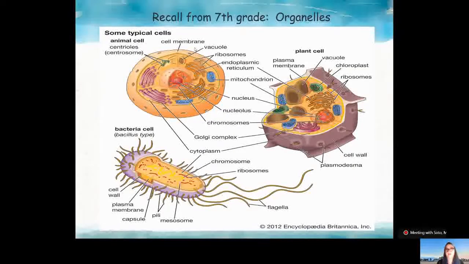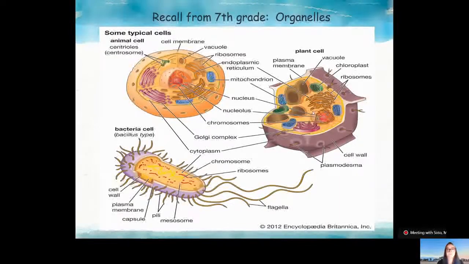We have our vacuoles, these little holes in the animal cell, and in the plant cell, you'll notice there's one large vacuole instead of a bunch of tiny little ones. We have the nucleus, this whole center part. The nucleolus is the center of the nucleus, and roaming around the nucleolus are the chromosomes with the genetic information.